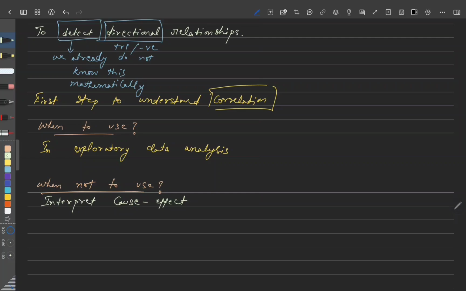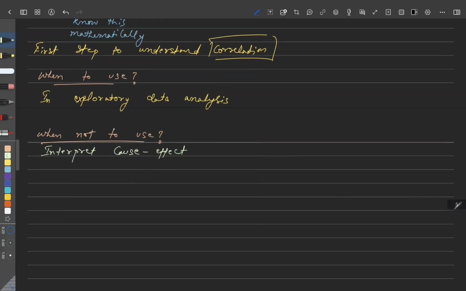Let us assume that we have some data wherein we are analyzing ice cream sales versus drowning data. And when you calculated the covariance, it turns out that the covariance between ice cream sales and drowning data is positive.